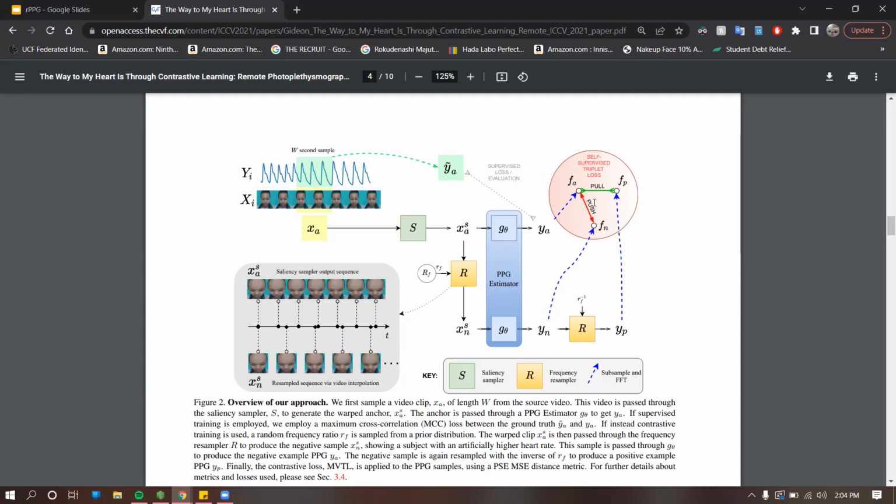I did go through this part, but there were different loss functions used. So are you asking about one specific? Okay. So what about the supervised loss? What does the supervised loss mean here? Do they have a ground truth? I don't remember actually.